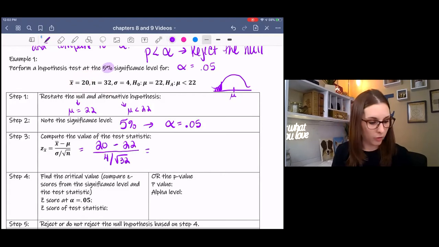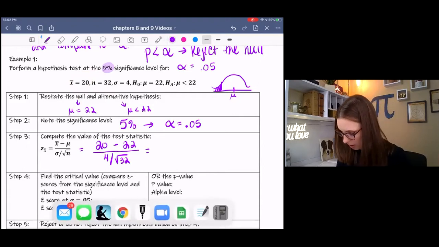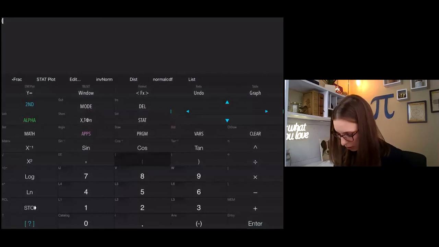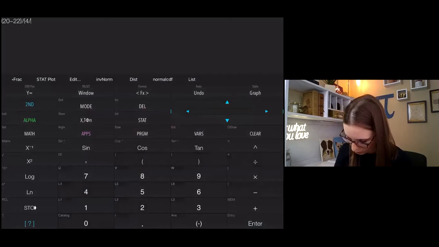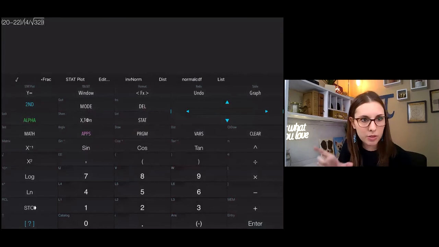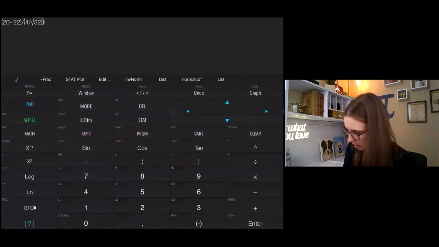And then if you type that in your calculator, actually I have a calculator, I forgot. I invested in this $5 calculator. 20 minus 22 divided by 4 over square root n. I think I typed it in parentheses for the numerator, parentheses for the denominator. It should be good.